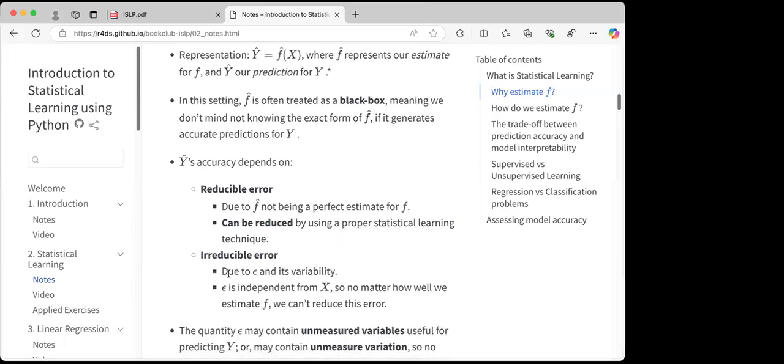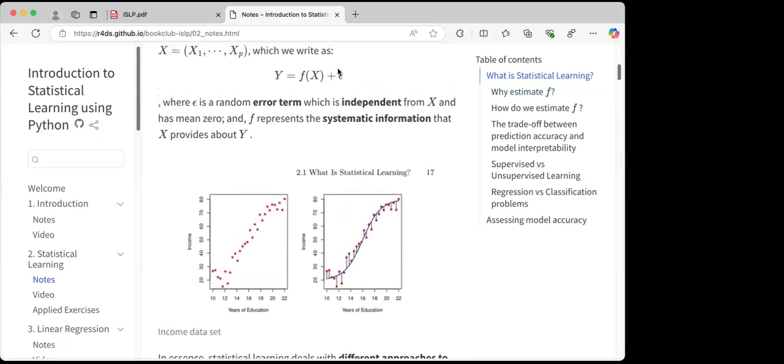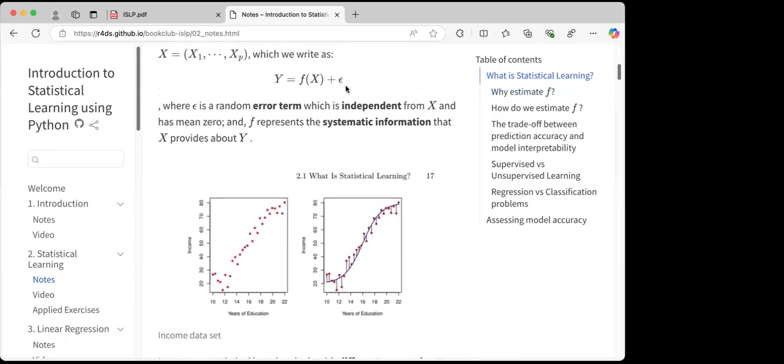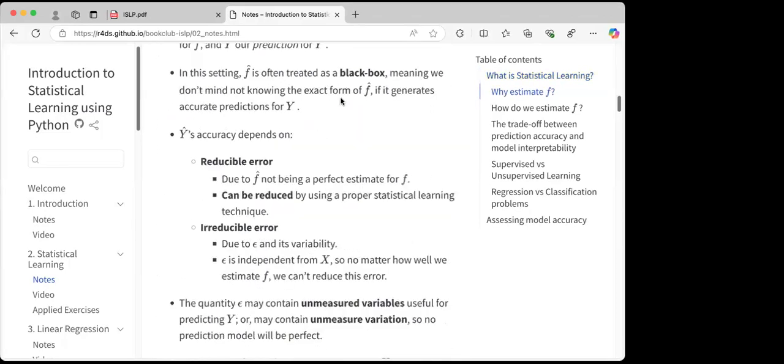Whilst the other error is due to the epsilon we have seen in this equation. This epsilon is basically inherent in Y. It's some of the unobserved parameters that might affect Y that we can't measure. We don't have any measure for them. So we cannot do anything about this error.